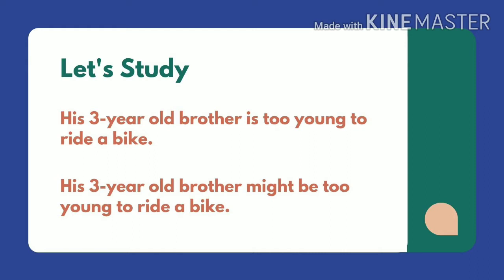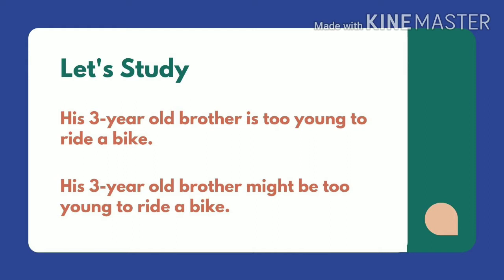You've got it right. Obviously, these two sentences are not the same. Let's see what each sentence means. As you can see, sentence 1 is stating a fact that his brother is too young to ride a bike, while sentence number 2 is just stating a possibility.